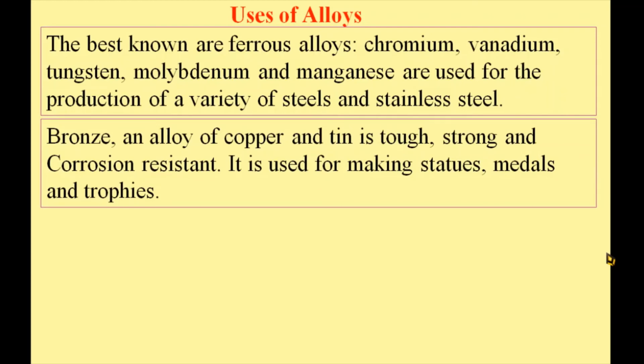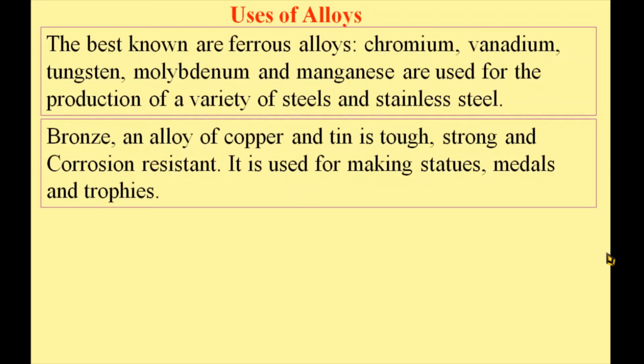Bronze, an alloy of copper and tin, is tough, strong and corrosion resistant. This is one of the uses of making alloys, that is to avoid the corrosion of the parent metal element.